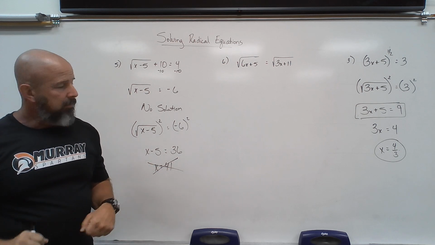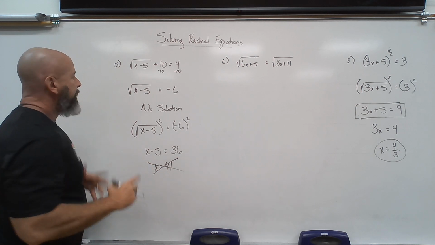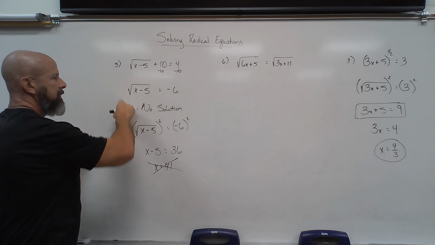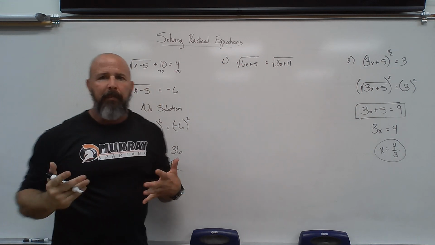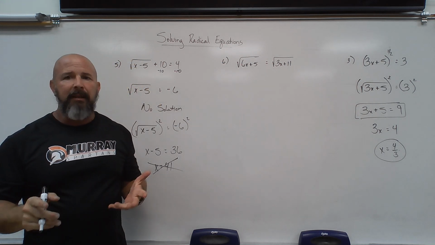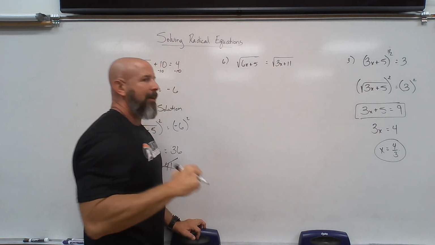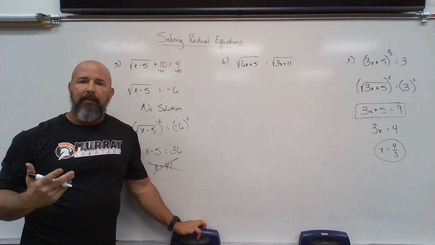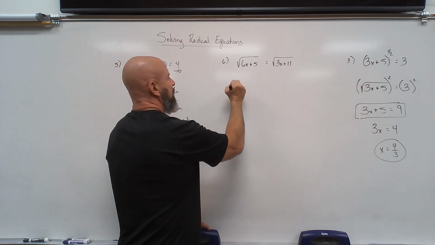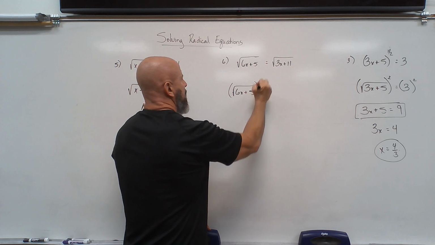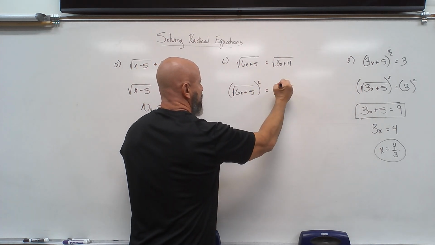This one's got 2. Well, our focus has been make sure that the radical is isolated. Well, I've got 2 of them here, but at least they're both isolated. So I have them both alone. So that means I'm good to go through and get rid of those radicals. So I can still square both sides. Same process on both sides.